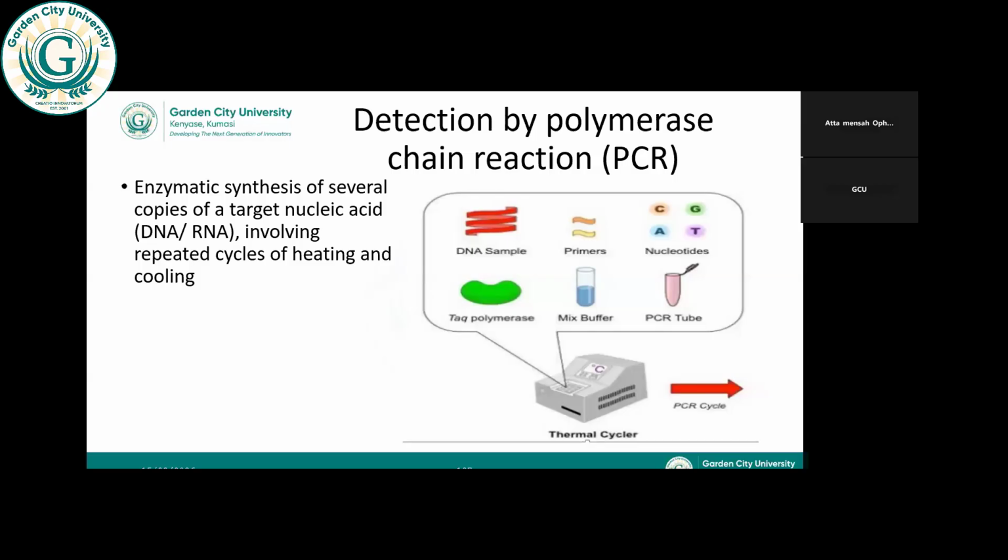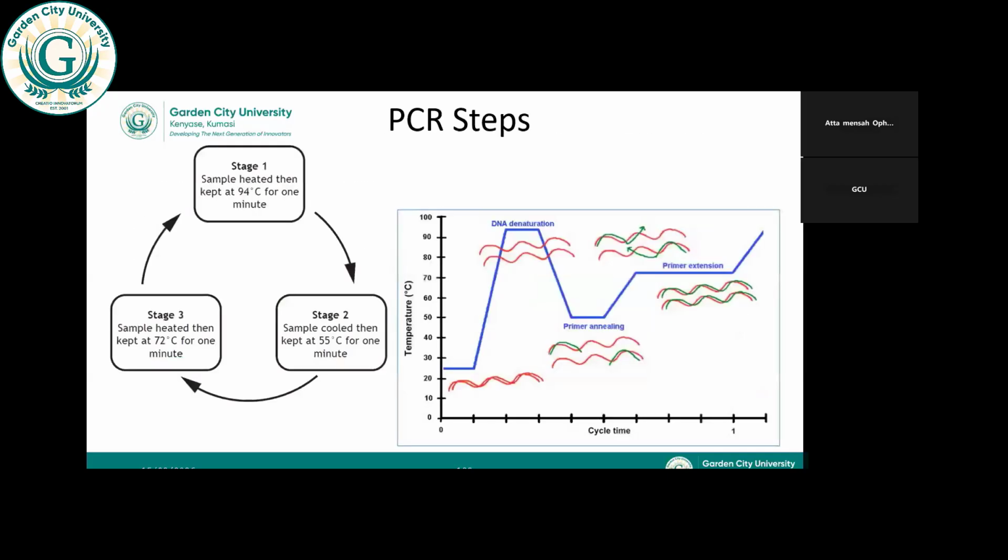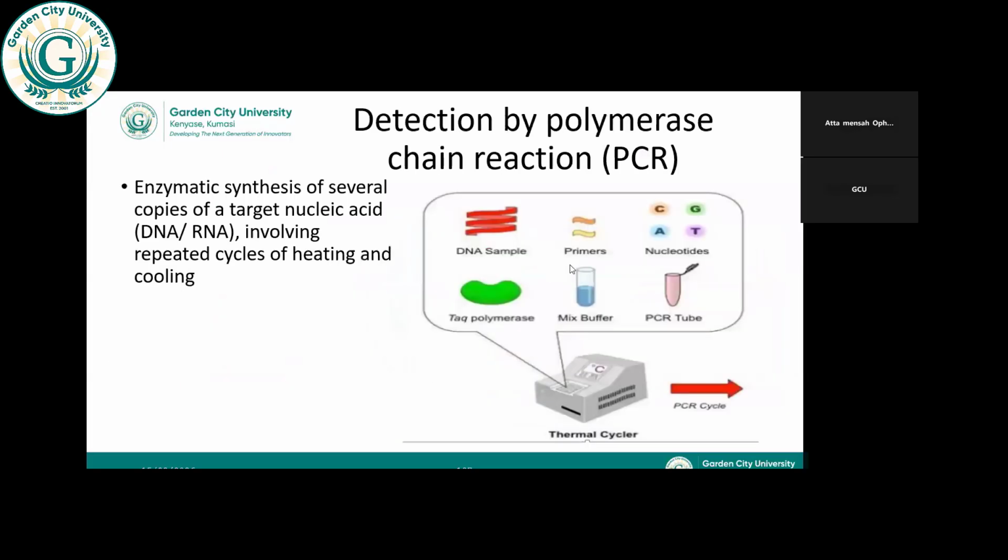Once you get the RNA of the HIV converted from RNA to DNA, then you can go ahead with denaturation, annealing, and then extension. That is if the HIV is present in the sample. So if the HIV is present in the sample, primers will bind to the target DNA, and then the polymerase will add the nucleotides.